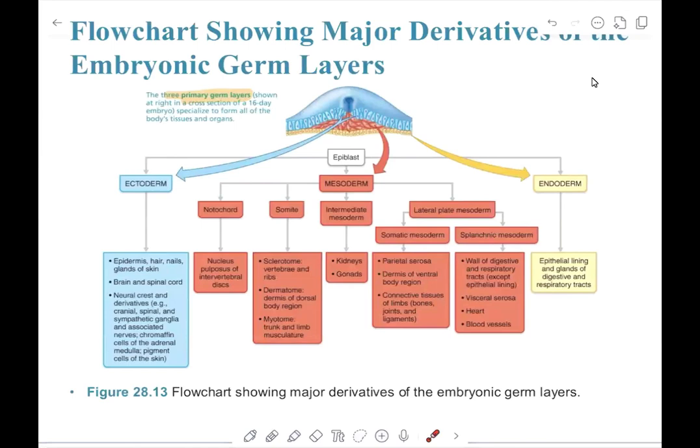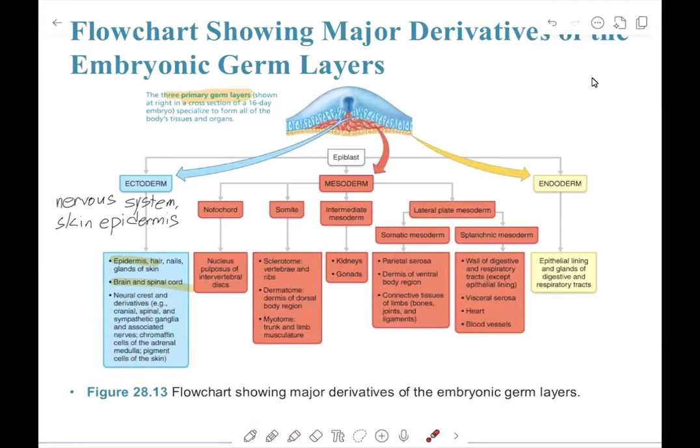So to make it a little easier to remember, think of ecto as just being the nervous system as well as the skin epidermis. So you don't have to necessarily remember all the structures that are in here. For example, you don't have to remember chromaffin cells, neural crest derivatives, etc.